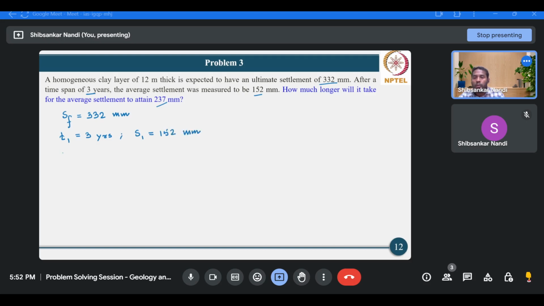Now we have to determine a time T2 for an average settlement of 237. So this is the question.